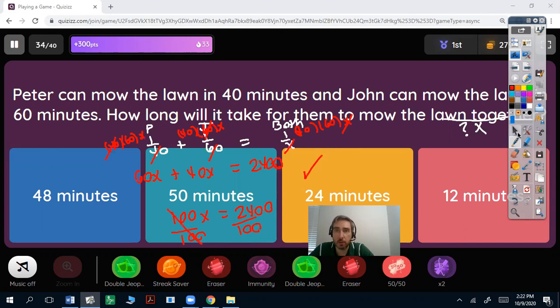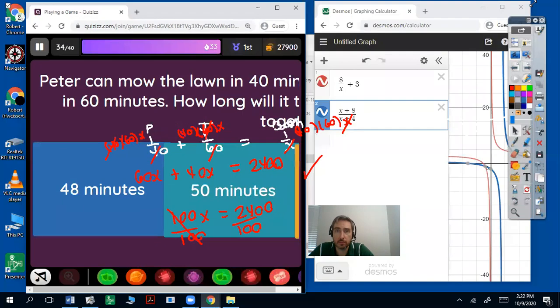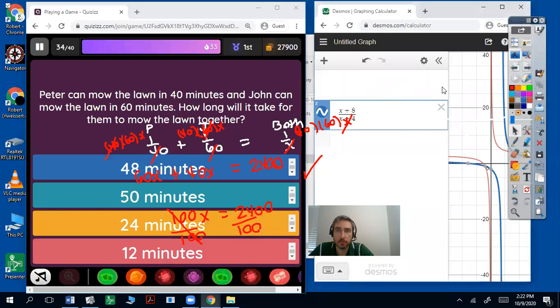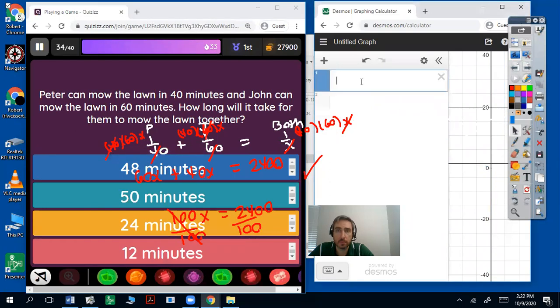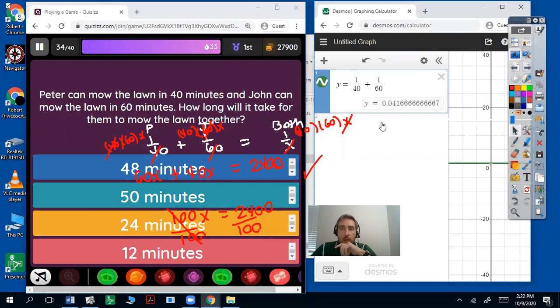And you can do that as a graph. You'd say 1 over 40 plus 1 over 60. Make sure you say y equals, since we don't have a variable x to plug in. And then you do 1 over x.